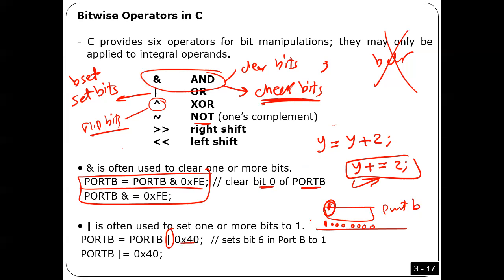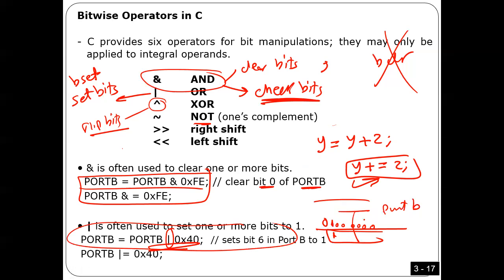Because this one is going to come here, and you're going to put 1 here. This is how you can set a bit. This instruction is used if you want to set 1 bit. I think I made a mistake, sorry. Yeah, so it should be 1, 0. Okay, so actually, yeah. So I'm going to set this bit.